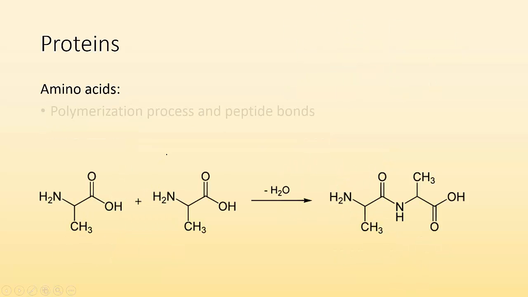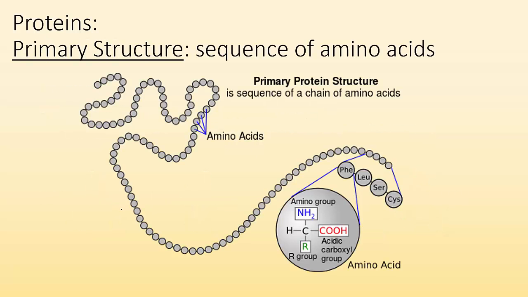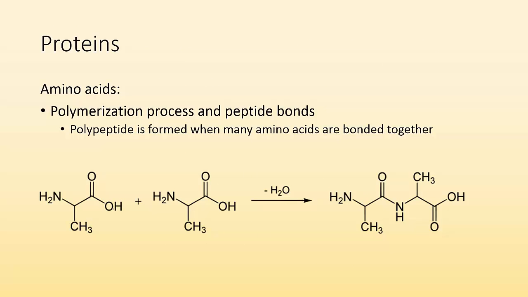So proteins, again, amino acids, polymerization occurs and peptide bonds are formed. A polypeptide is formed when many amino acids are bonded together. And how do they bond together? Well, a condensation reaction. You take the OH from the carboxylic acid end and an H from the amino end, and you remove a water molecule.